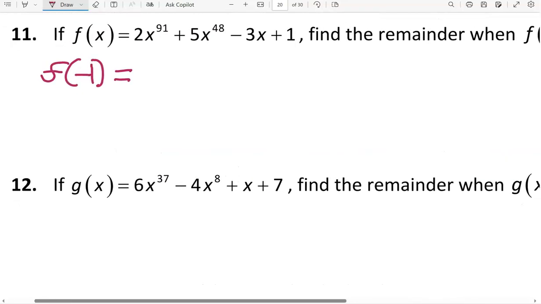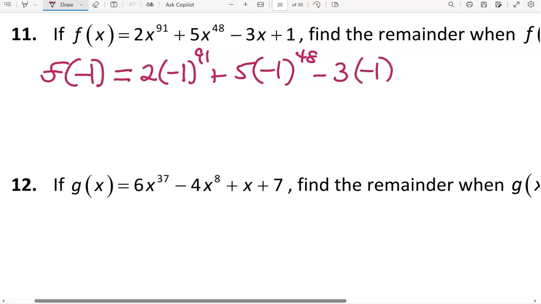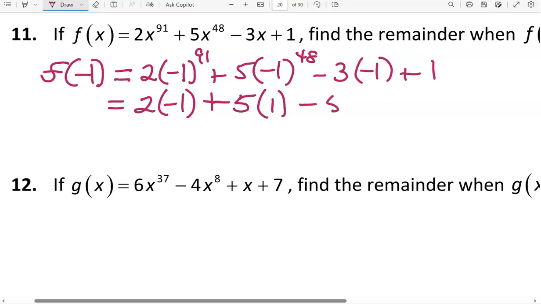So f of negative 1 is 2 times negative 1 to the 91st power, plus 5 times negative 1 to the 48th power, minus 3 times negative 1 plus 1. Negative 1 raised to an odd power is negative 1, and negative 1 raised to an even power is positive 1.